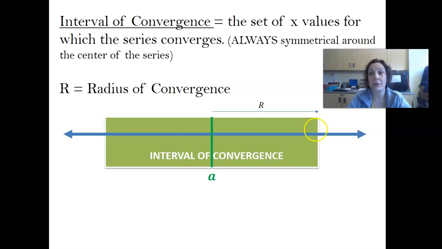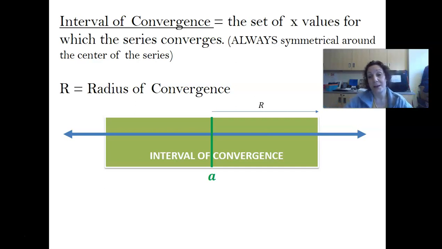It just tells us how far from the center we can go. For our series X to the N, my radius of convergence is 1. That means I can go 1 to the right of the center, or 1 to the left of the center. If your radius of convergence is 10, that means you can go 10 to the right of the center and 10 to the left of the center.